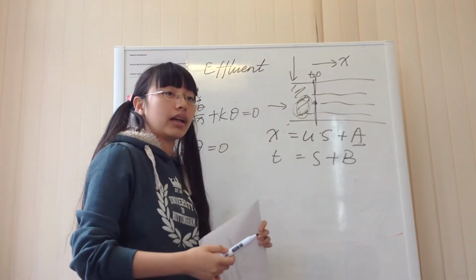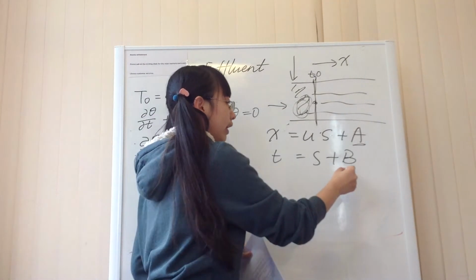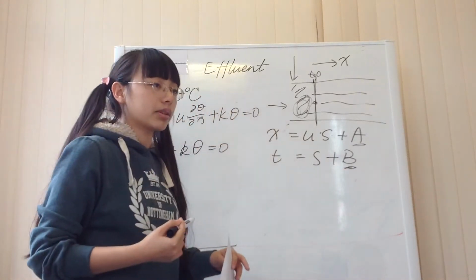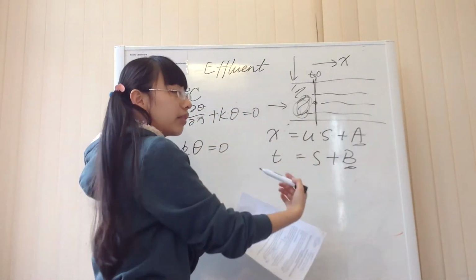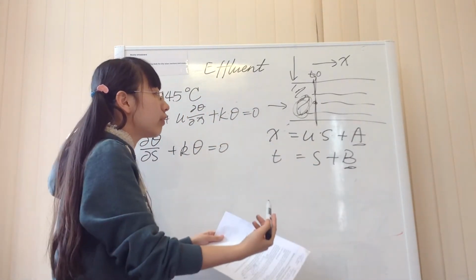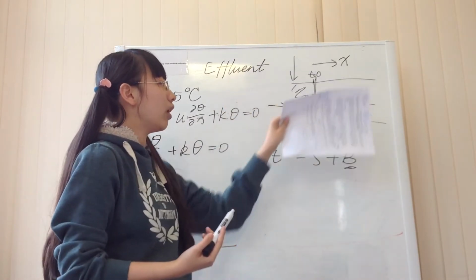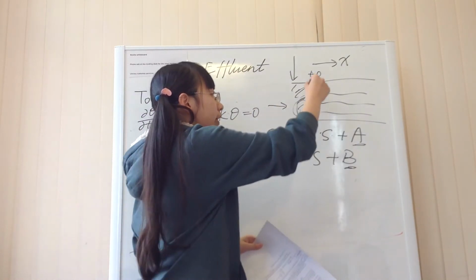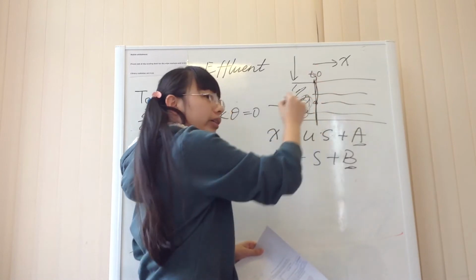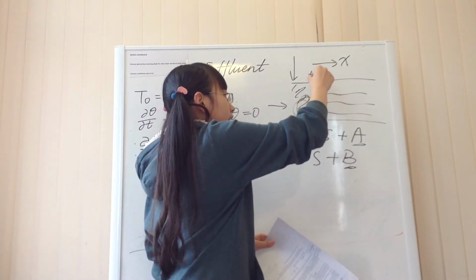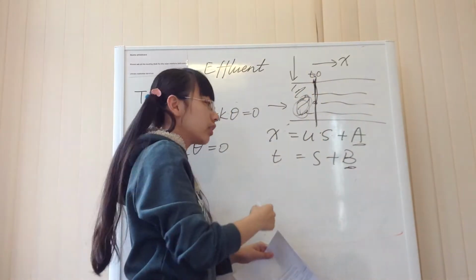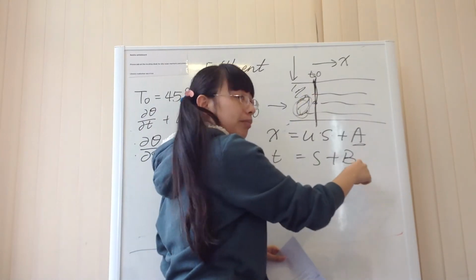How we define a and b really depends on ourselves, because we define the function here. And for the simplicity of the whole work, we just say we consider everything from this point, and we consider t is 0 at this point. So everything starts here, so b becomes 0.